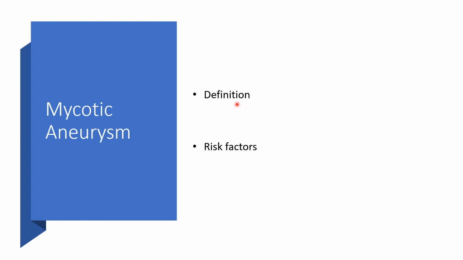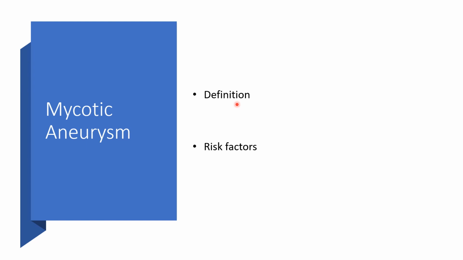Mycotic aneurysm. By definition, ironically, it is not a fungal infection. Its etiology does not include fungus in any shape or form. Some actually call it bacterial or infected aneurysm.